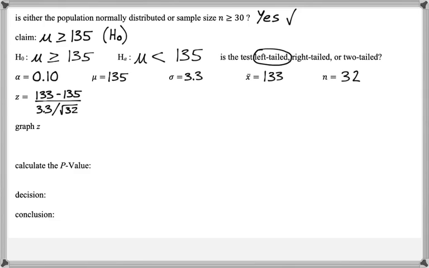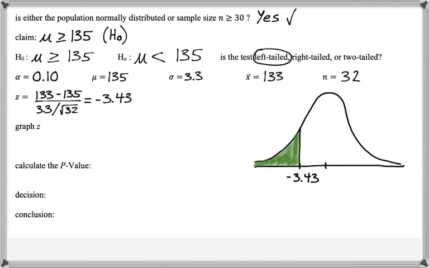So z is equal to 133 minus 135 over 3.3 divided by the square root of 32. And rounded to 2 decimal places, this is negative 3.43. Next, we have to graph z, so it would look like that. Now the p-value is the area inside that tail.